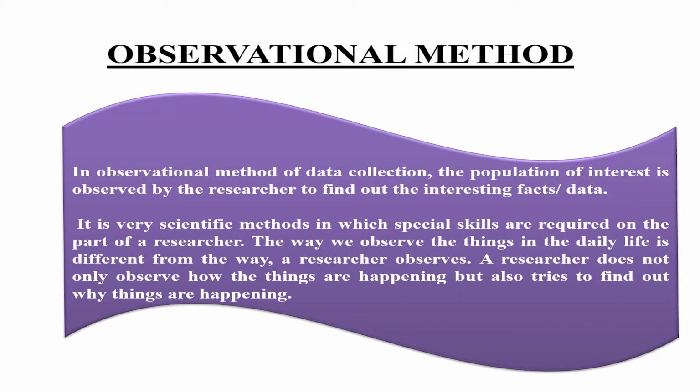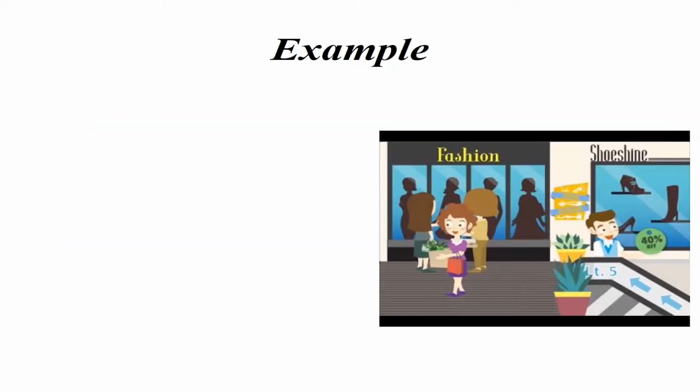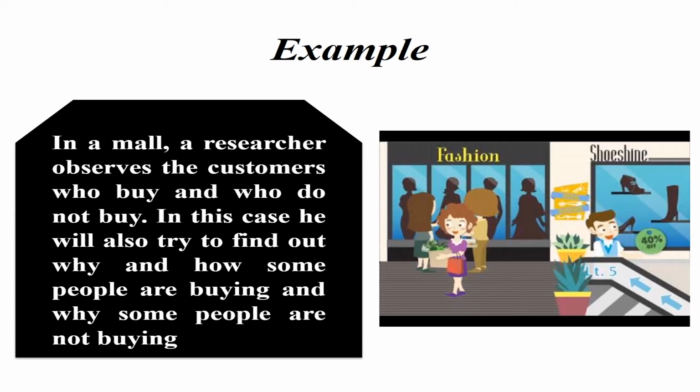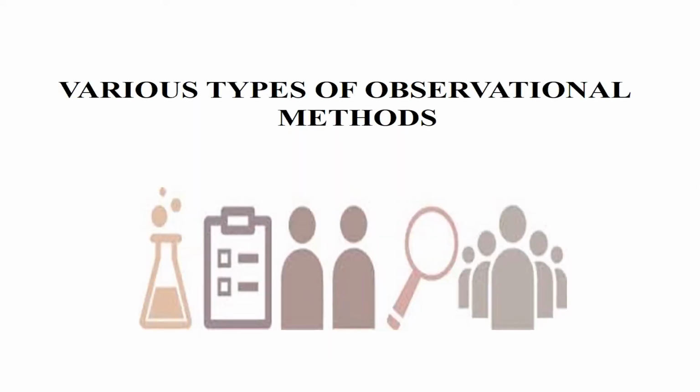A researcher does not only observe how the things are happening, but also tries to find out why the things are happening. For example, in a mall, a researcher observes the customers who buy and who do not buy. In this case, he will also try to find out why and how some people are buying and why some people are not buying. There are various types of observational methods.